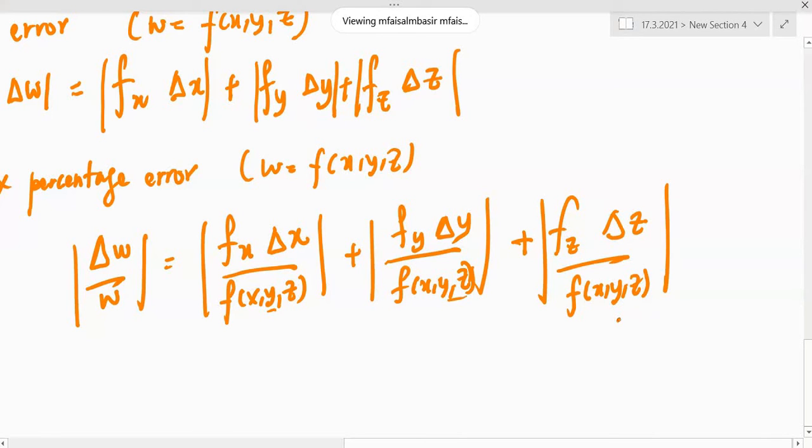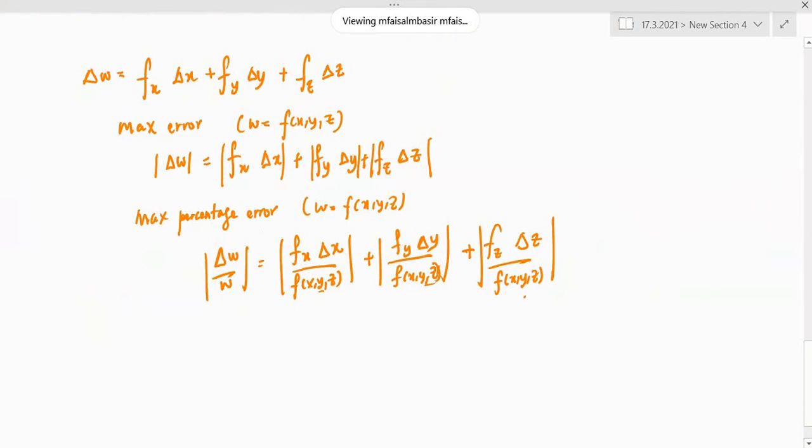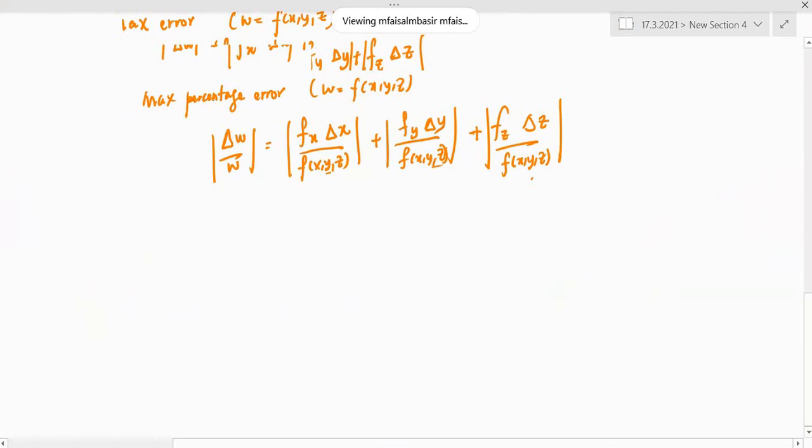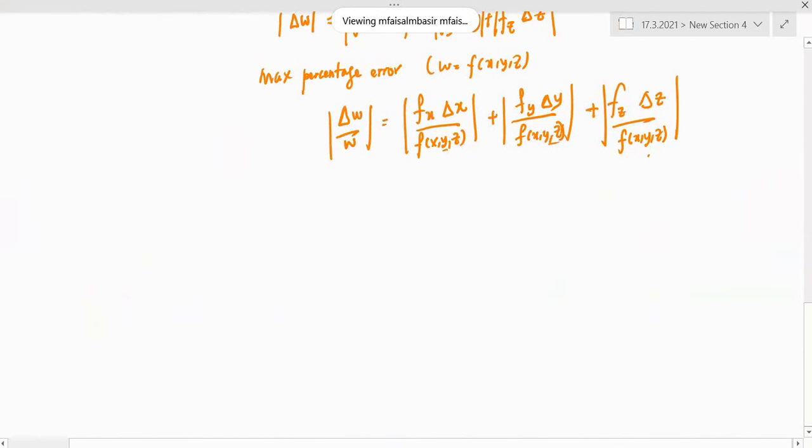So now we will do some examples so that you can understand. So you might copy, or later I will give this. Example 1.